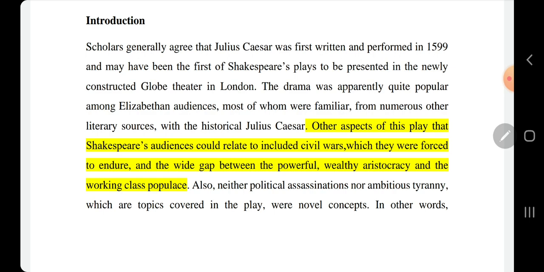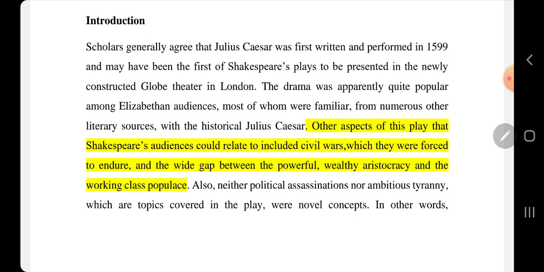One of the most important aspects of the play that Shakespeare's audiences could relate to included civil wars, which they were forced to endure, and the wide gap between the powerful, wealthy, aristocratic and working class people.